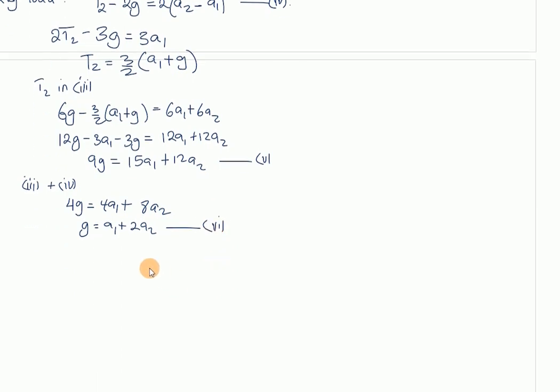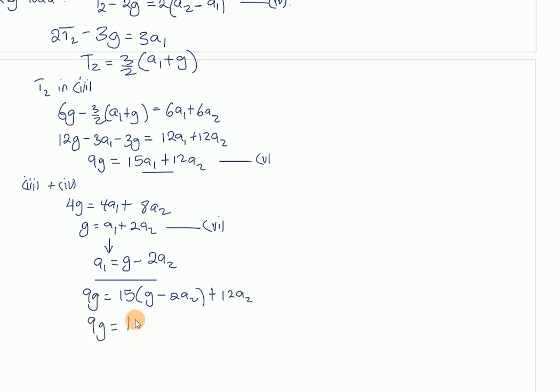We can solve this, let us use the fact that here a1 is equal to g minus 2a2, and substitute this in equation number 5. So we are going to have that 9g is equal to 15 of g minus 2a2 plus 12a2.